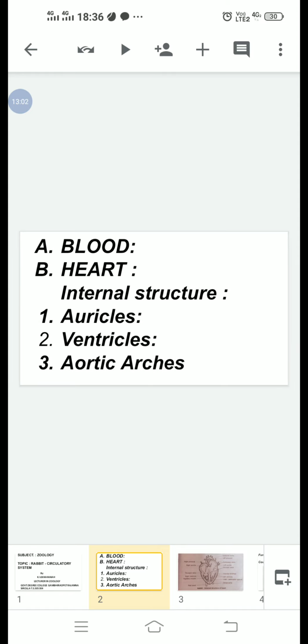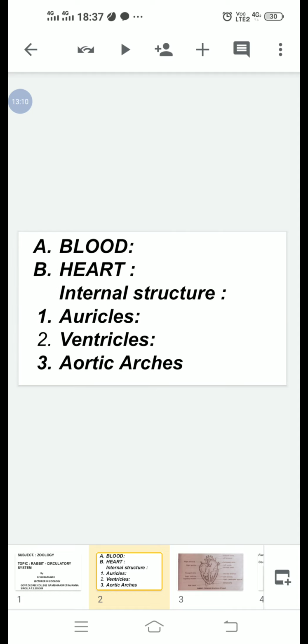Next, ventricles. There are two ventricles, left and right, which form the posterior part of the heart.